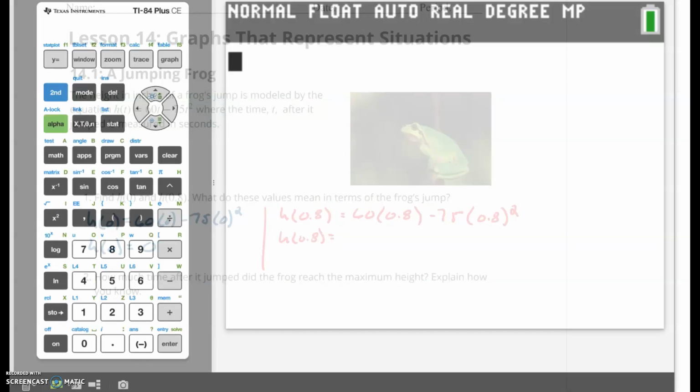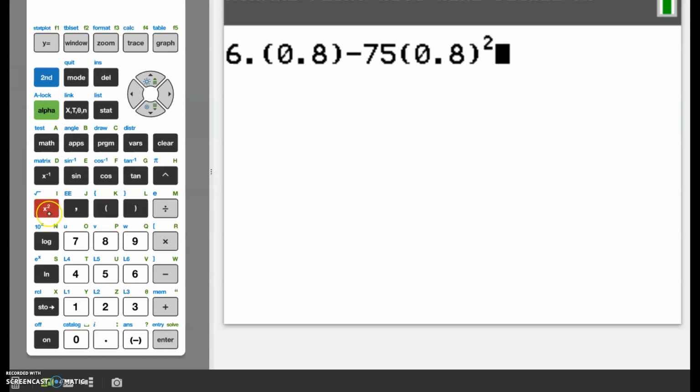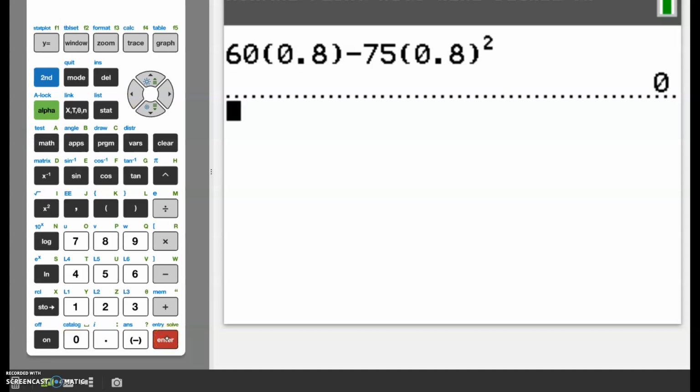Okay, so I'll open up the calculator here, and I want to do 60 times 0.8 minus 75 times 0.8 squared. Oh, that should be 60, not 6.0. So I'm going to arrow over here, change that to 60, hit enter, and notice the height at 0.8 seconds is also 0 feet.